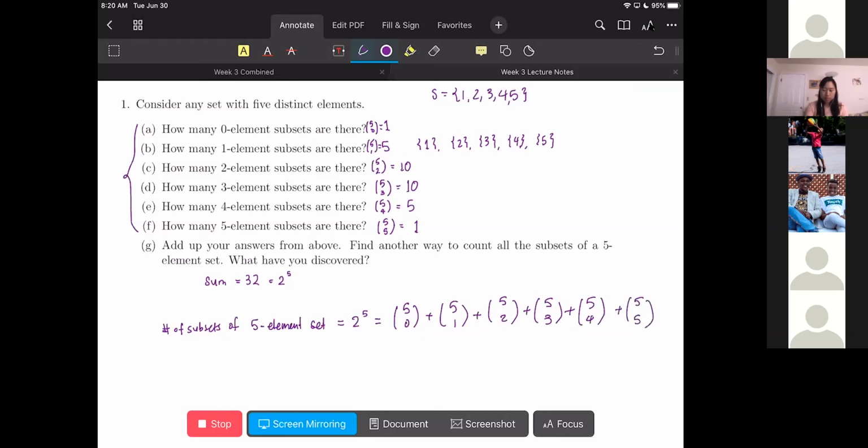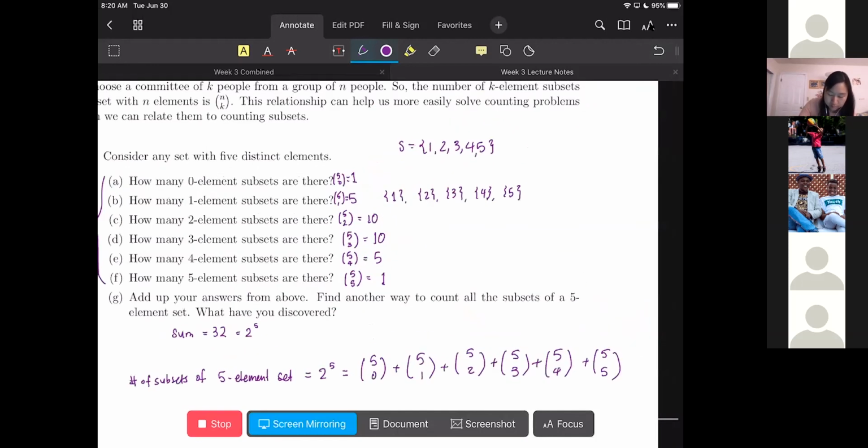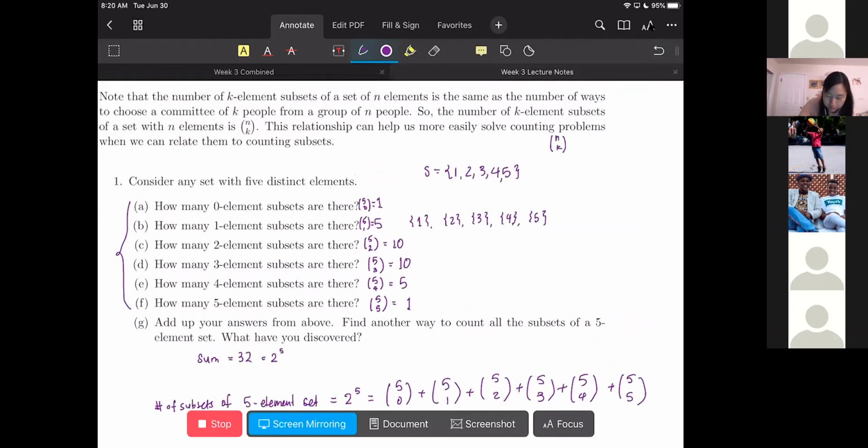Wait, but how exactly do you get 1 from 5 choose 0? Great question. So remember that n choose k equals n factorial over n minus k factorial times k factorial.